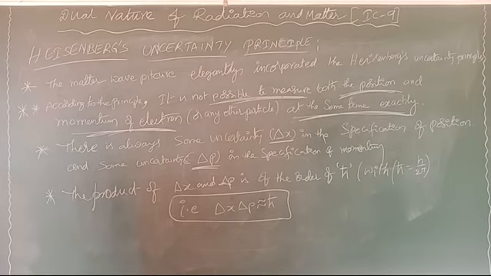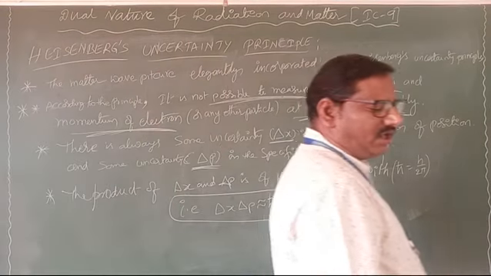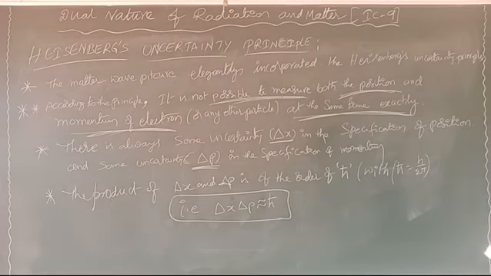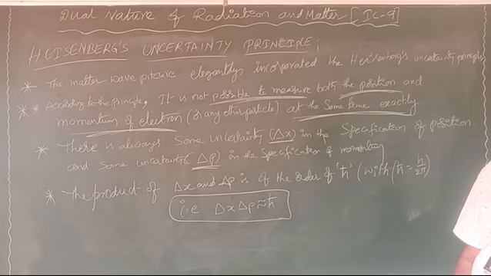It will always be there. That's why small changes are there. So the product of the two changes, delta x and delta p, will give the order of h. That is the uncertainty principle. The product of delta x and delta p gives that order. Clear?